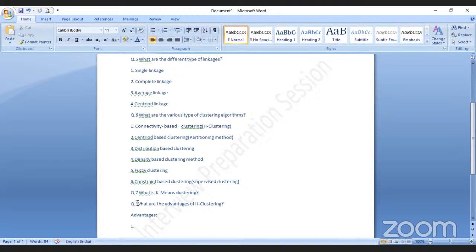When we are using hierarchical clustering, it gives us the ease of handling any form of similarity or distance.